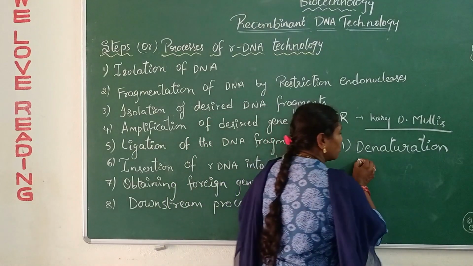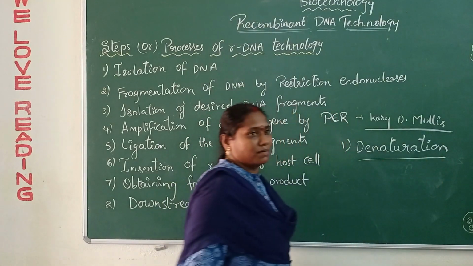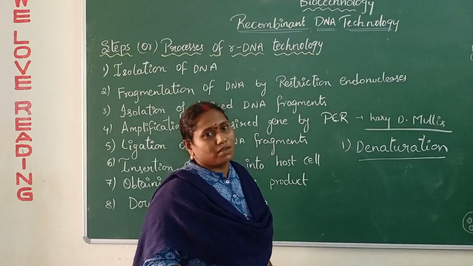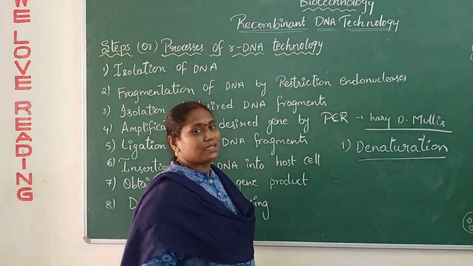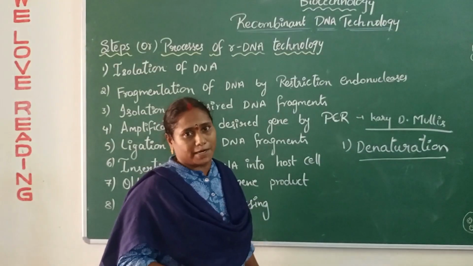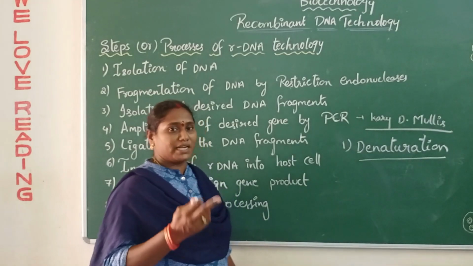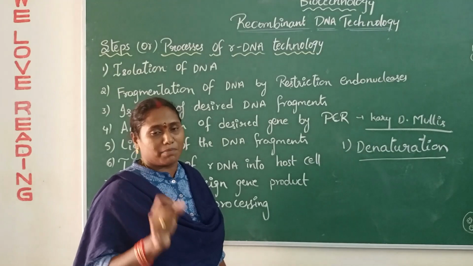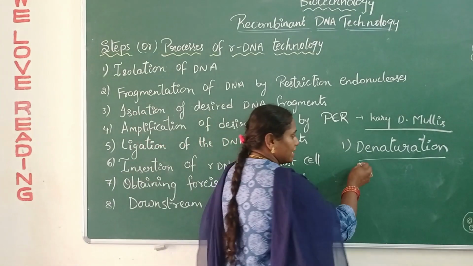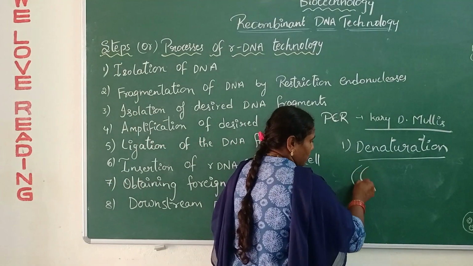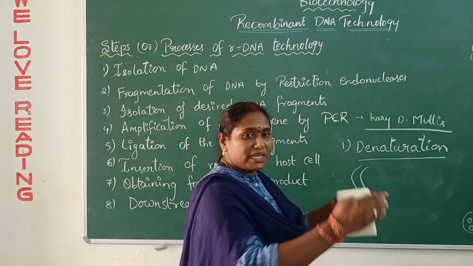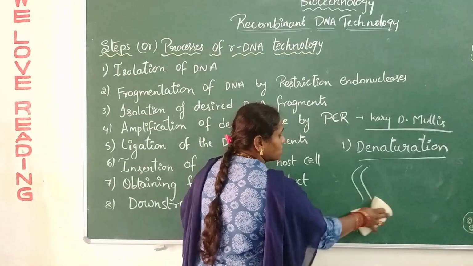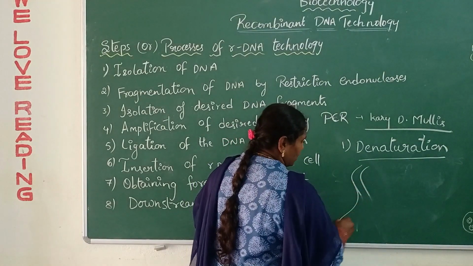For that we do a process called denaturation. We are changing its nature by increasing the temperature to 95 degrees centigrade. By placing the DNA molecule at a high temperature, the double stranded DNA molecule will be denatured and separated into single stranded template molecules.